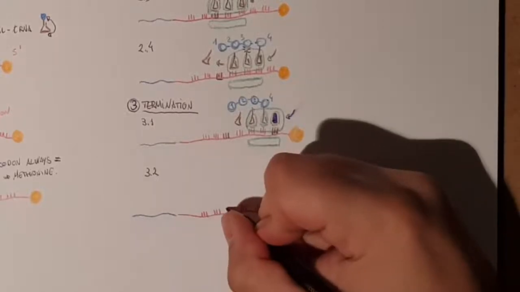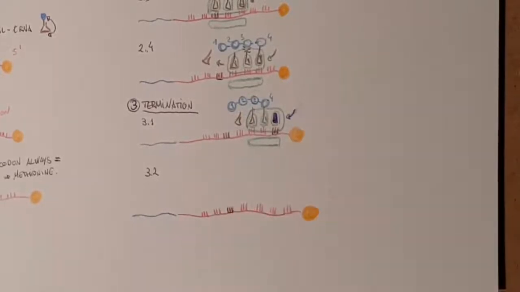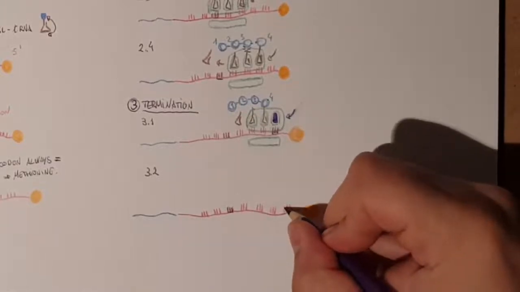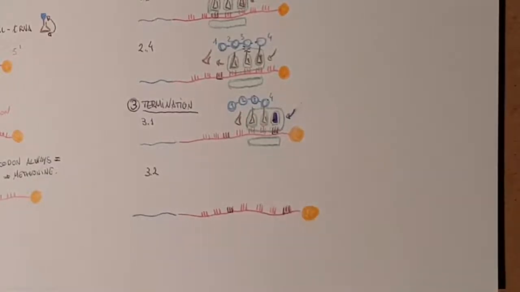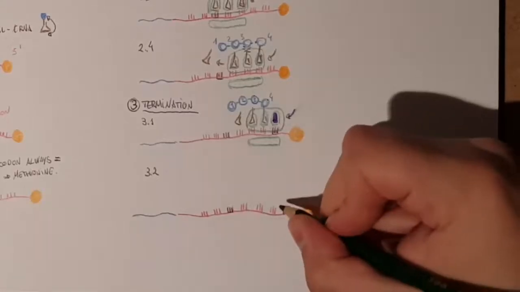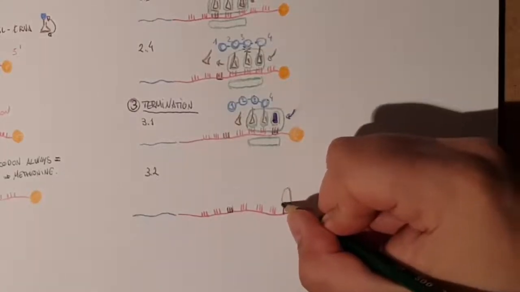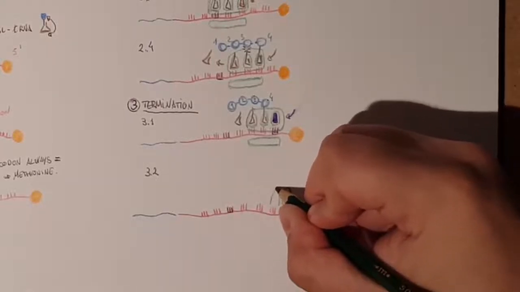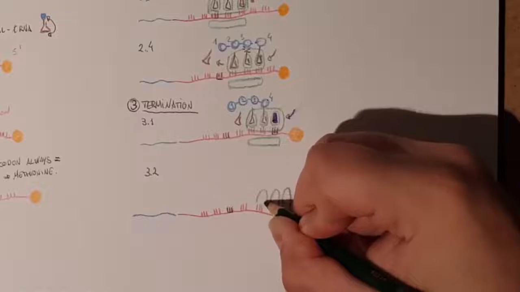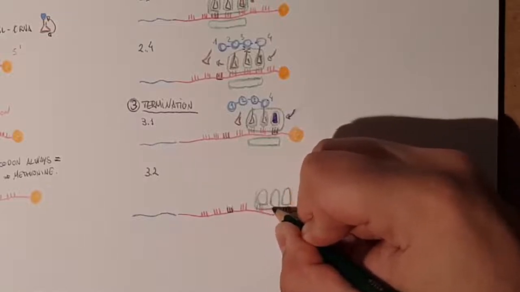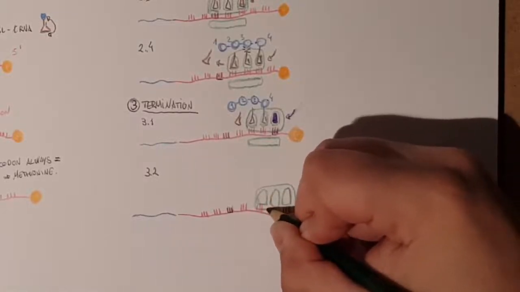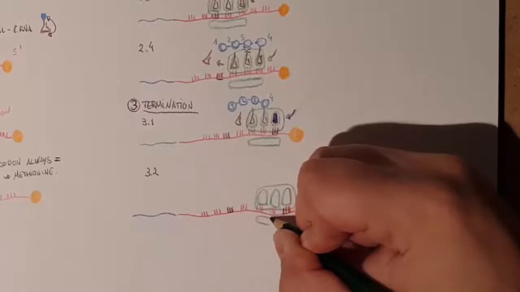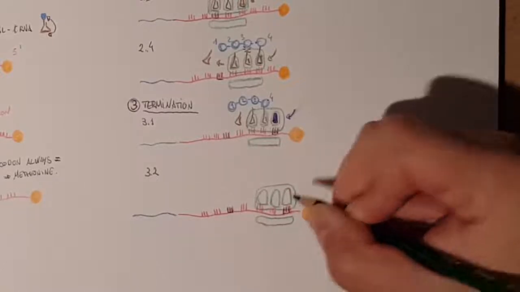Remember, this is going to be our start codon, and this is going to be the termination codon that codes for the termination factor. Now, here we're going to have the A site, P site, E site, and big and small subunit.